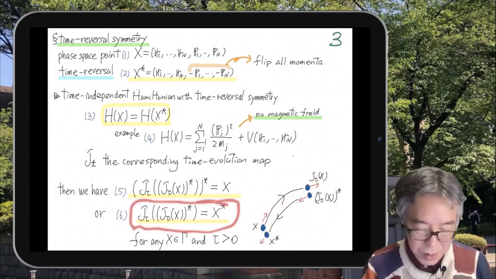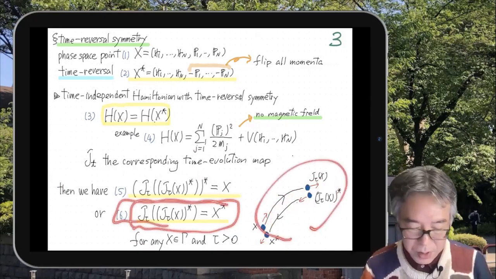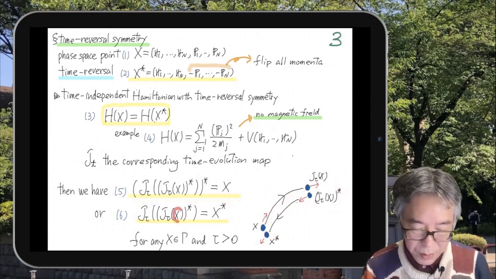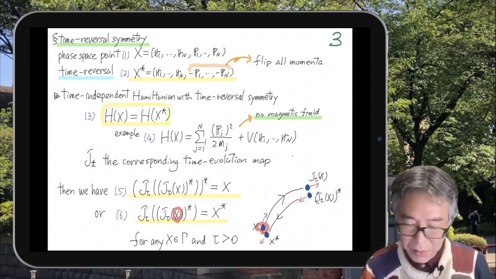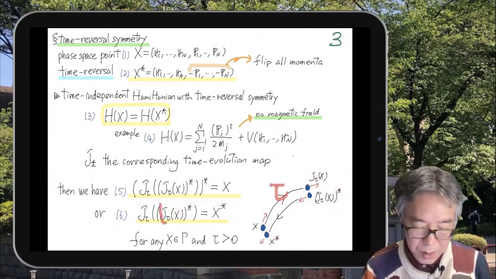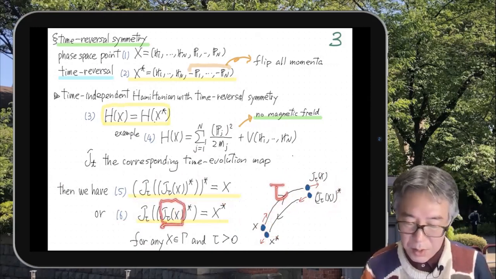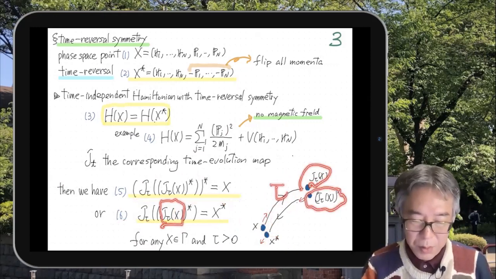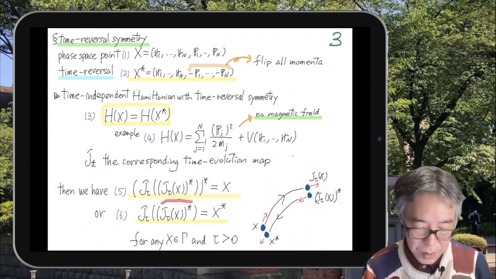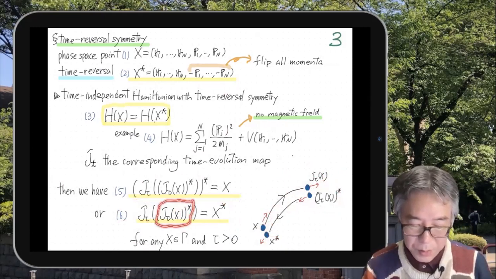So this equation 6 describes this situation. You start from x, and you evolve the state by time tau, so you get this. And then at time tau, you switch all the velocities, all the momenta like this. So this is a momentum flipped state.